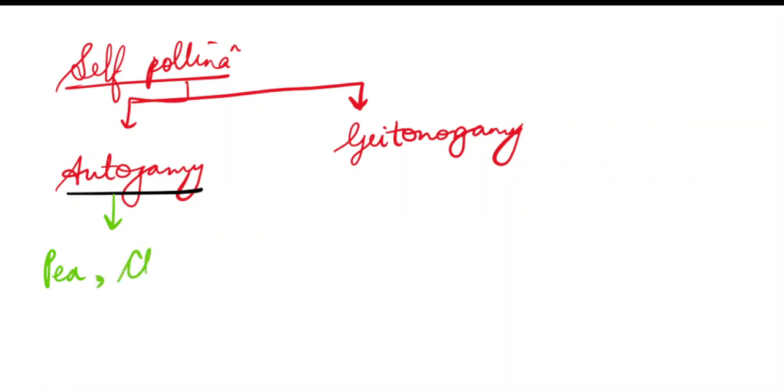You can also remember Clitoria. At least two examples you should know. For Geitonogamy you can remember the example Cucurbita, it is a scientific name. At least this much you should know. Then we will move to cross pollination.